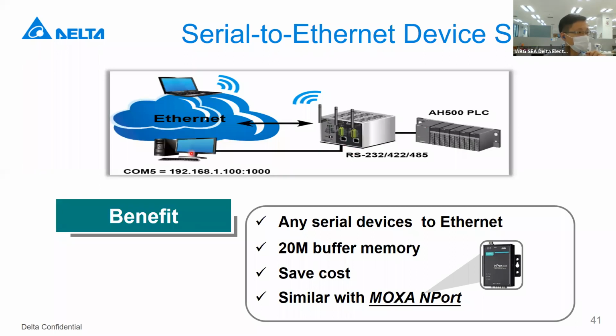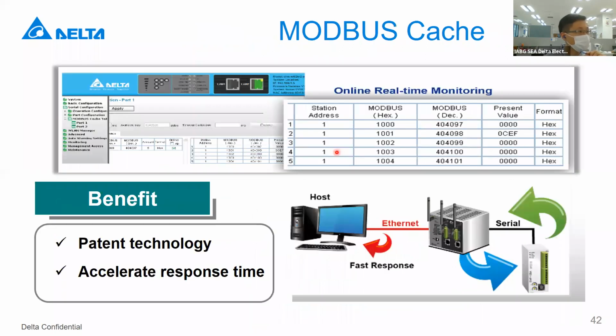So for the server, it's very easy to link for the data mappings. And we also support checking the data from the web browser, online real-time monitoring for the data address.